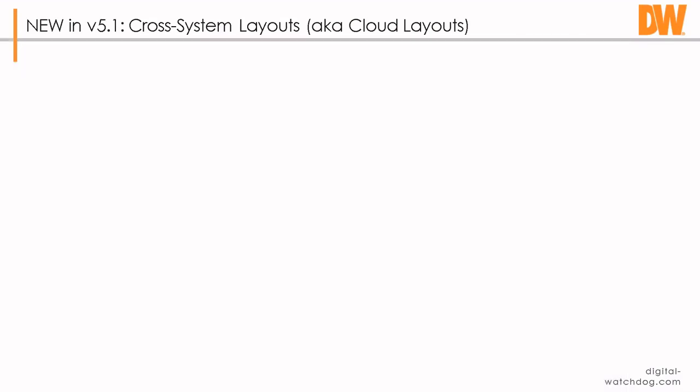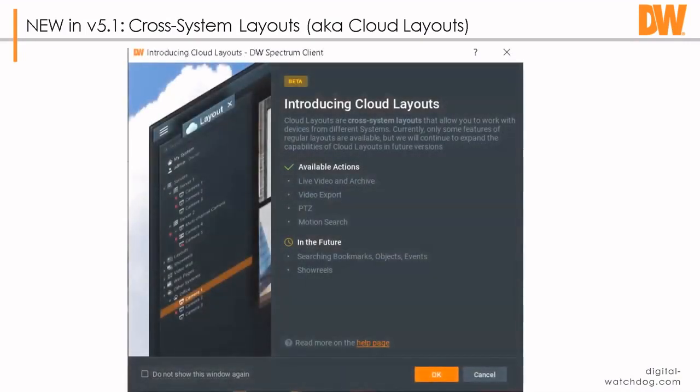So the little pop-up screen is actually kind of nice. The available actions in it right now are live video and archive, which means you can play back video. You can export video, you can do PTZ cameras, and you can do motion search. On these layouts right now, you can't search bookmarks, objects, events, and do show reels yet. But I think in the near future, there's going to be an update that does that.